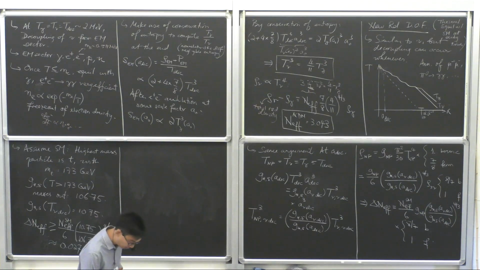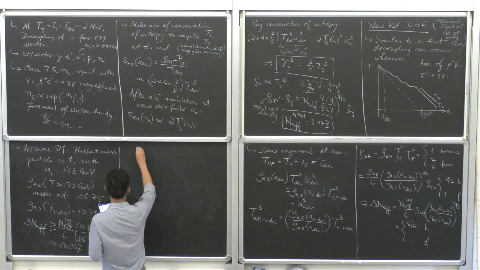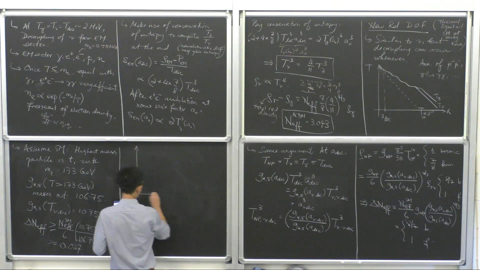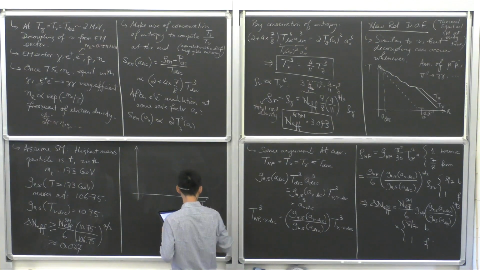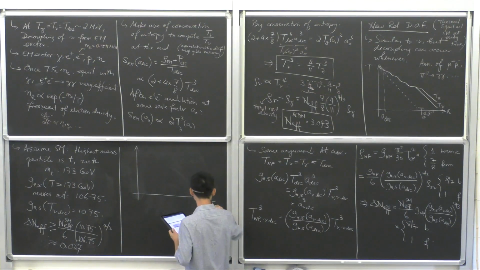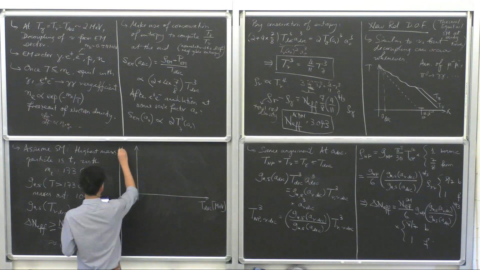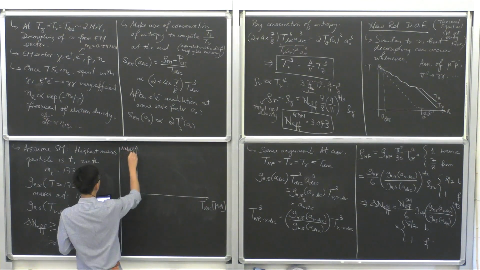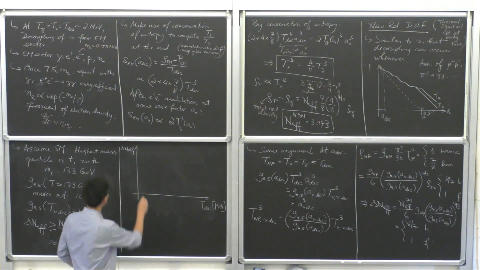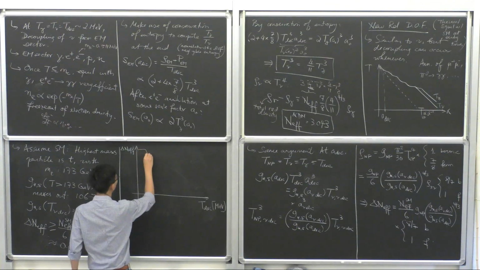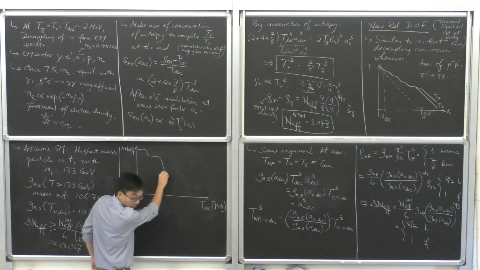So there's a nice plot that is always shown, which is if I make a plot of T decoupling in MeV and delta N_eff. Okay, you will find that the shape usually looks something like this.